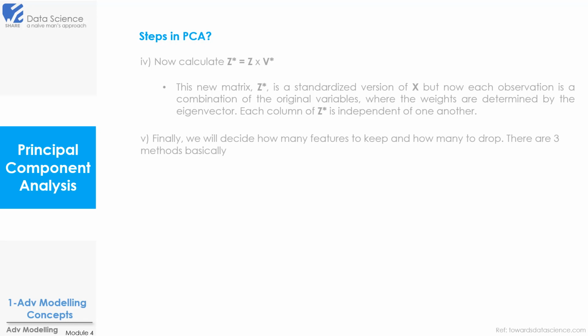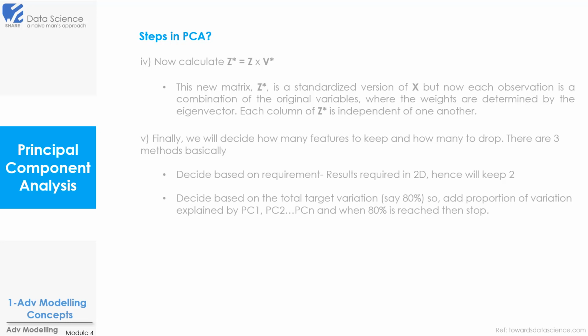Now to decide this, there are basically three methods. We can either decide based on the requirement, say we need our results in 2D, hence we'll only keep 2 PCs. Or we can decide based on the total target variation of PCs, say 80% is our target variation.